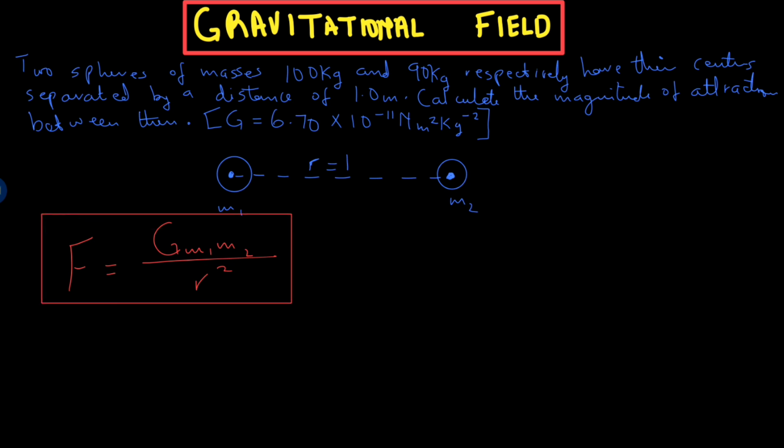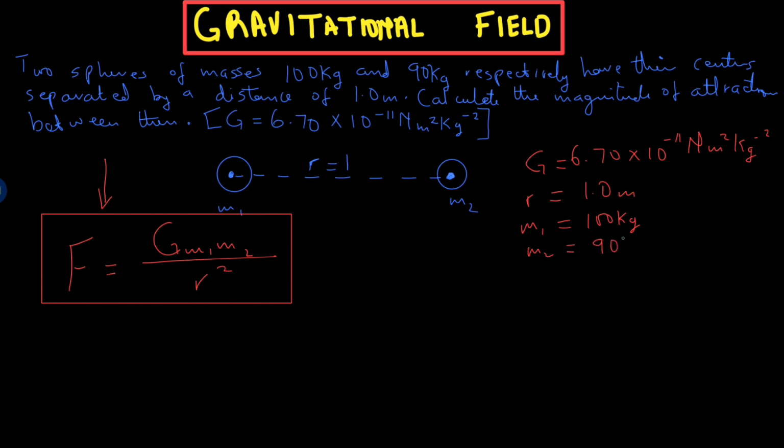Let's now list out what we have. G, given in the question, is 6.70 times 10 raised to the power of minus 11 Newton meters squared per kilogram squared. R, the distance, is 1.0 meters. Mass 1 is 100 kg, mass 2 is 90 kg.